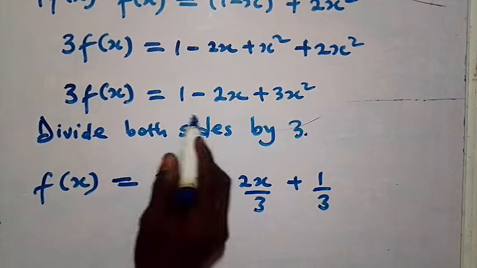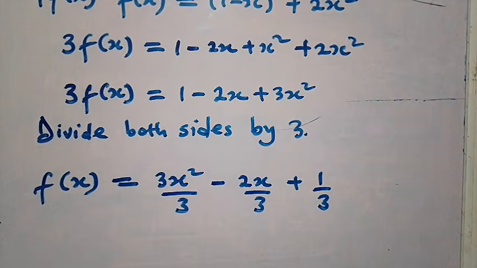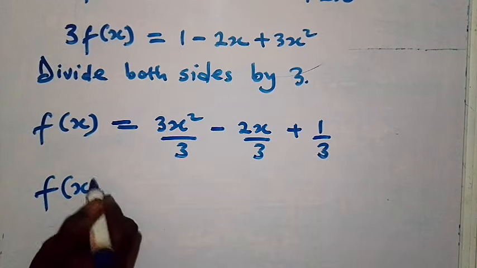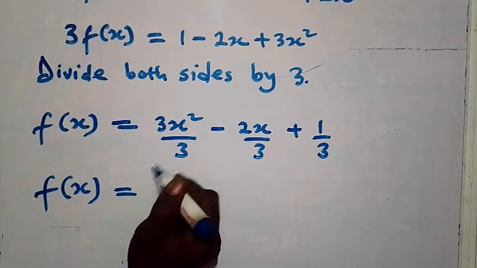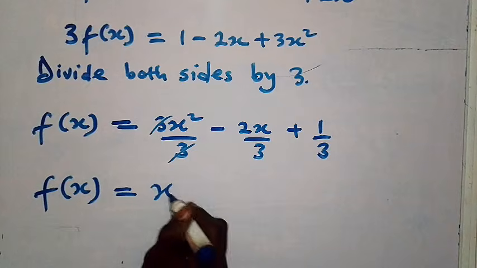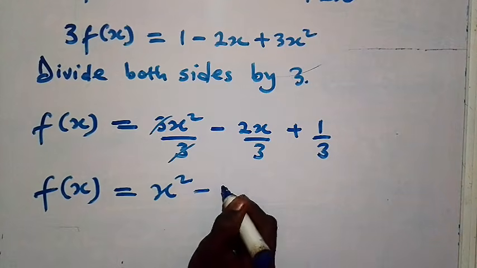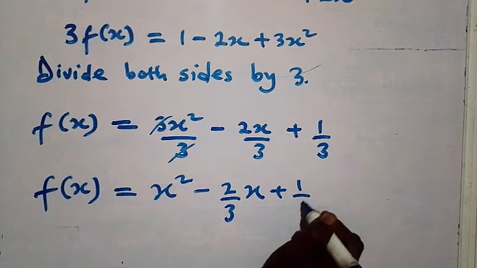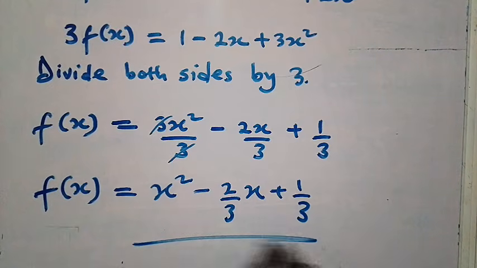You know we are dividing every term by 3. f of x will now be equal to, 3 will cancel out 3 here, we have x squared minus 2 over 3x plus 1 over 3. And this will be our final answer.